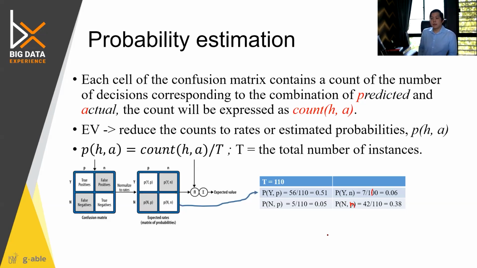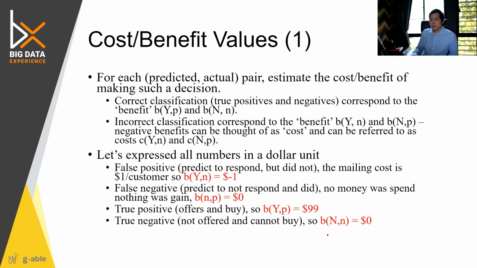Okay. So we have the count and get the proportion, and then we can multiply it with the cost. This has to come from consultation with business people, because they would know what the cost is and what the expected benefit to gain is for each customer, for each sale.